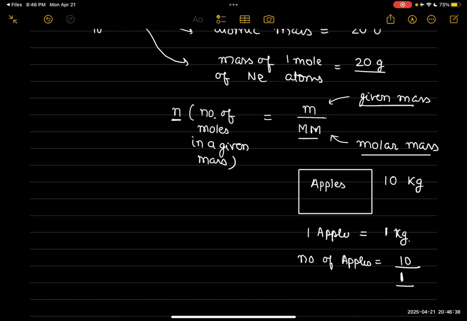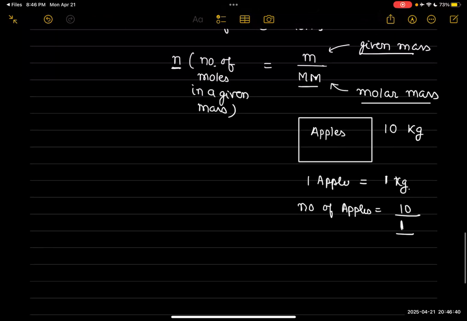Yes, sir. Suppose I give you 20 grams of helium gas. I give you a balloon, and that balloon has 20 grams of helium filled in it. Now if I ask you how many moles of helium gas are there in that balloon? 20 by 4.